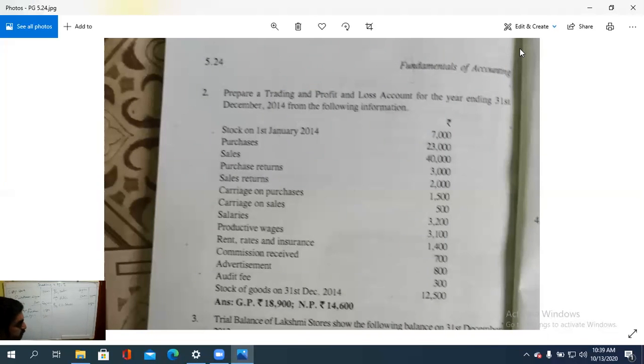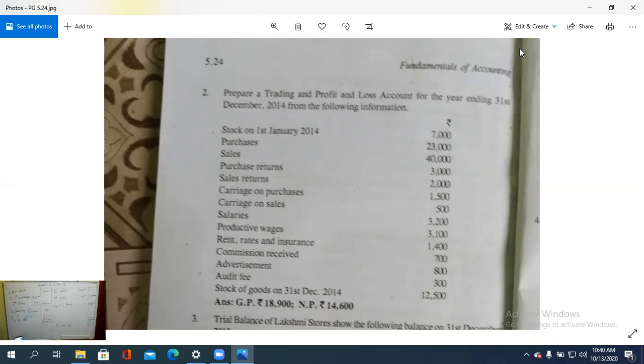So 50,500 minus 3,100 minus 21,500 minus 7,000, 18,900. See the answer, 18,900. To gross profit carried down, 18,900. That gross profit is to be brought down here. By gross profit brought down, 18,900.